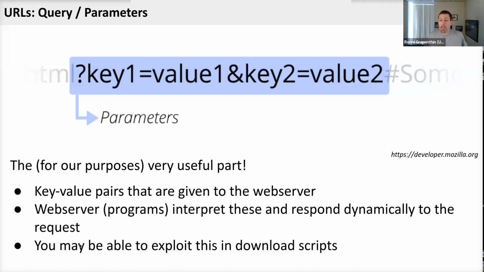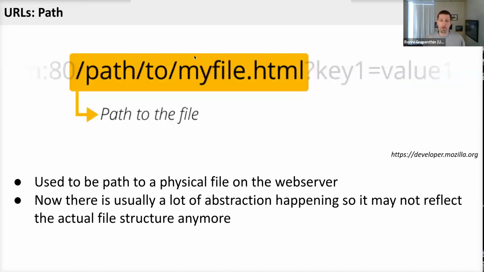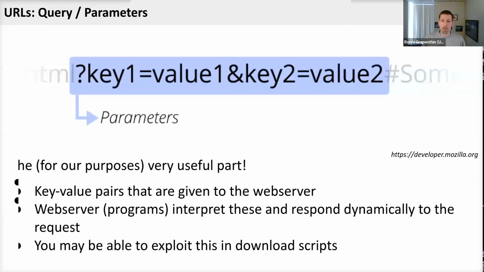And you may be able to exploit this part if you actually read it and try to understand it just a little bit in your download scripts. You could be putting together that URL, either the path to files dynamically that we looked at before, right? If this path shows, for instance, a year and a month in it, you could dynamically change that in a script to download all the data for all the months in many years.